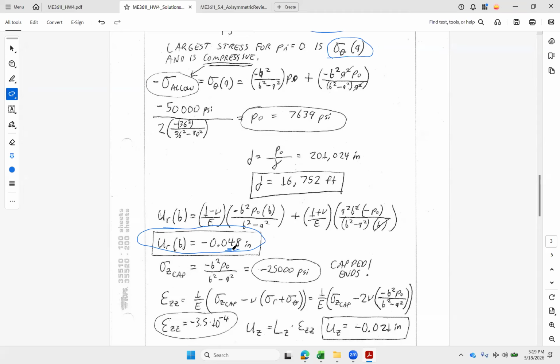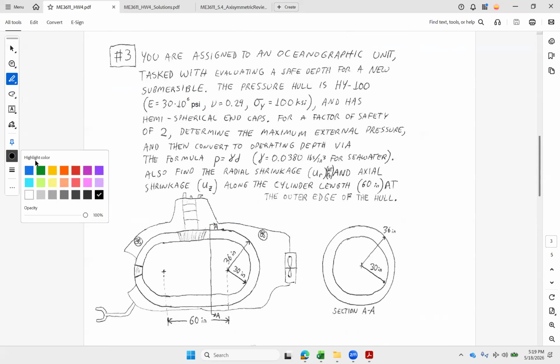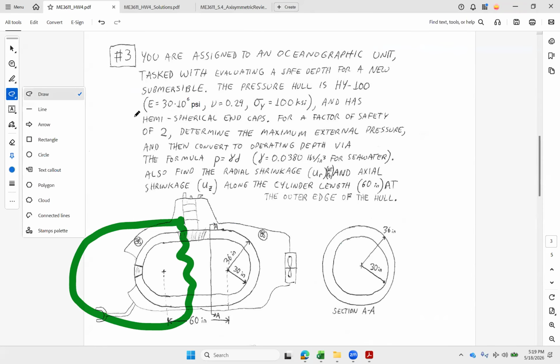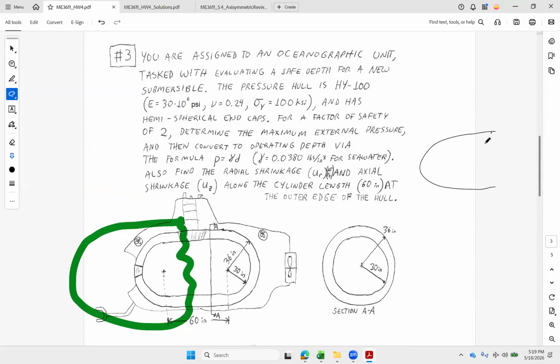And remember, for the cap case, it doesn't matter what our shape is for the cap. We get that formula by examining a cut section, all right? So if I take a little slice here and we make a free body, I've got the hull here. And remember, we're cylindrical.